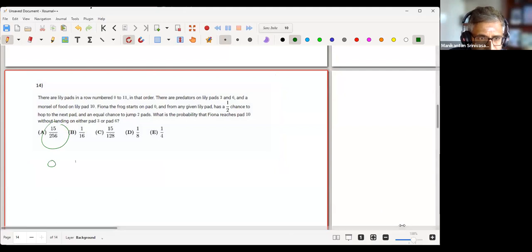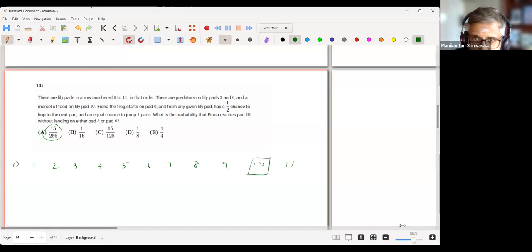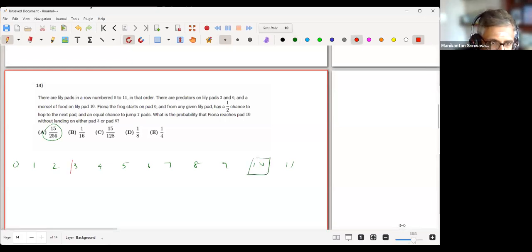Okay, so 0, 1, 2, 3, 4, 5, 6, 7, 8, 9, 10, 11. Okay, so you definitely want to reach 10. And then the danger spots are at 3 and 6.